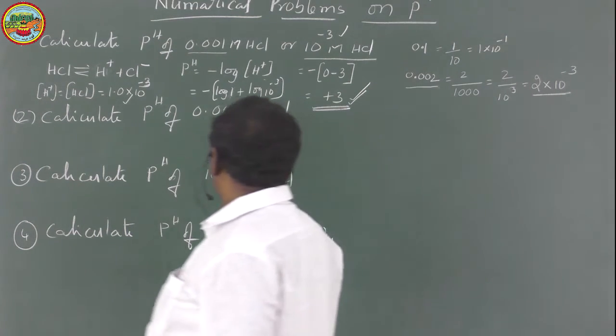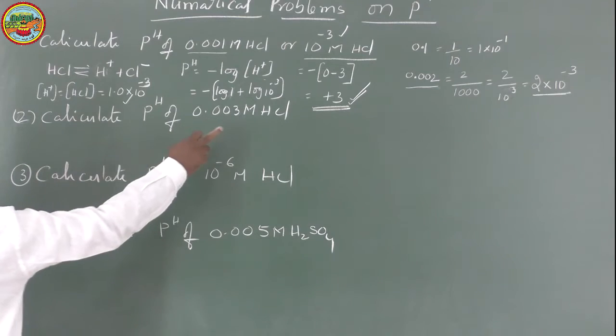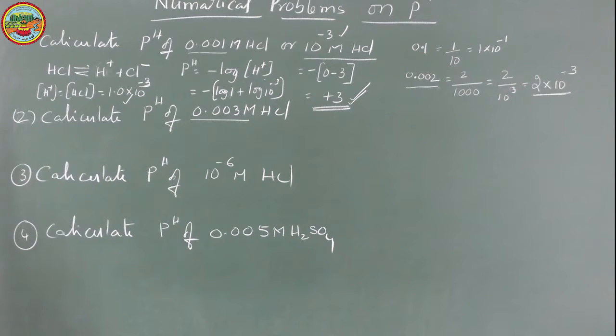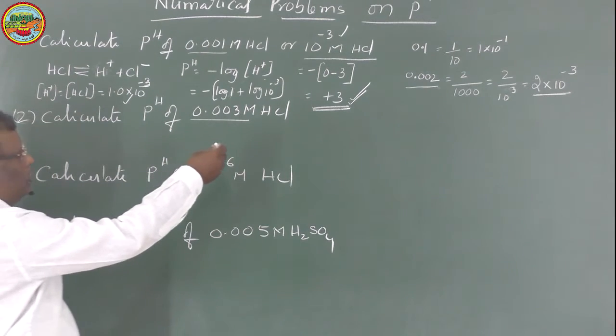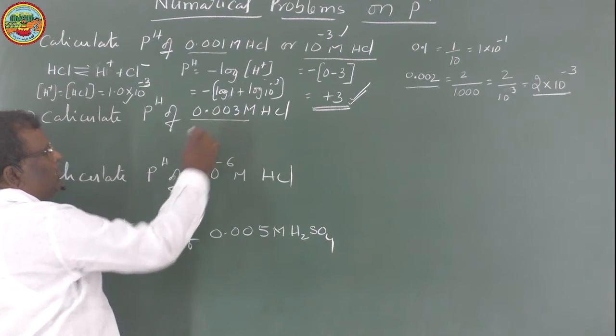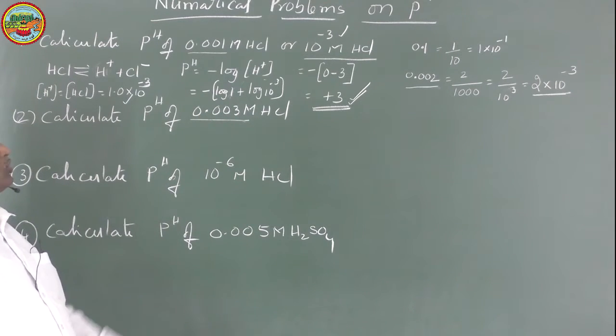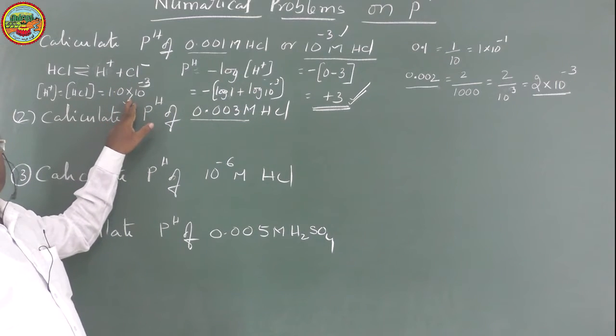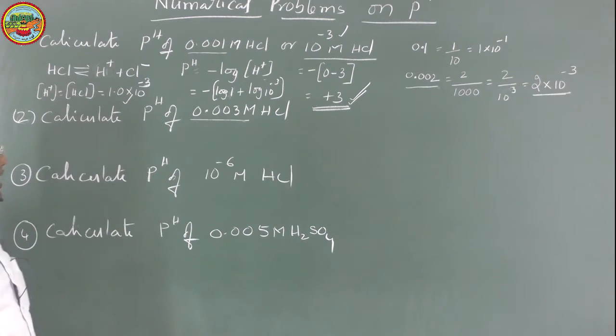Now, the second problem is to calculate the pH of 0.003 M HCl. 0.003 M means 3 into 10 to the power minus 3, because here also after the decimal we have 3 digits. Since it was 1 earlier, we wrote it as 1 into 10 to the power minus 3. But if 3 is there, you have to write it as 3 into 10 to the power minus 3.